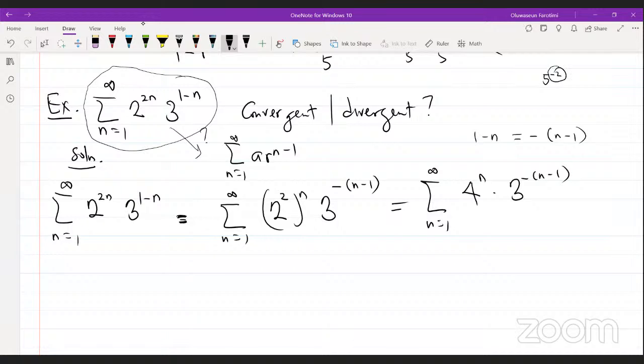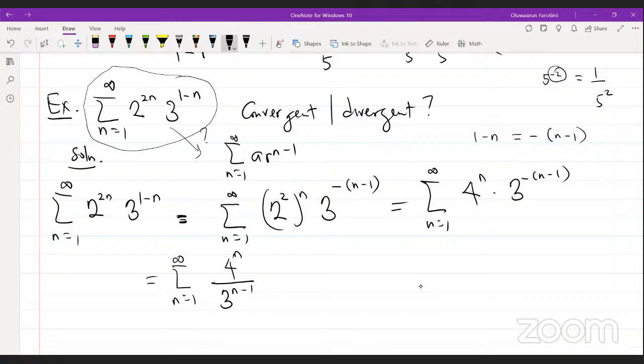This negative is the reciprocal. This becomes 1 over 5 squared. Okay, so having that in mind, we're going to use it right now. N from 1 to infinity. All right, so this is going to be 4 to the power of n on the top. But think about the other guy, the reciprocal forces it down. So this is 3 to the power of n minus 1.